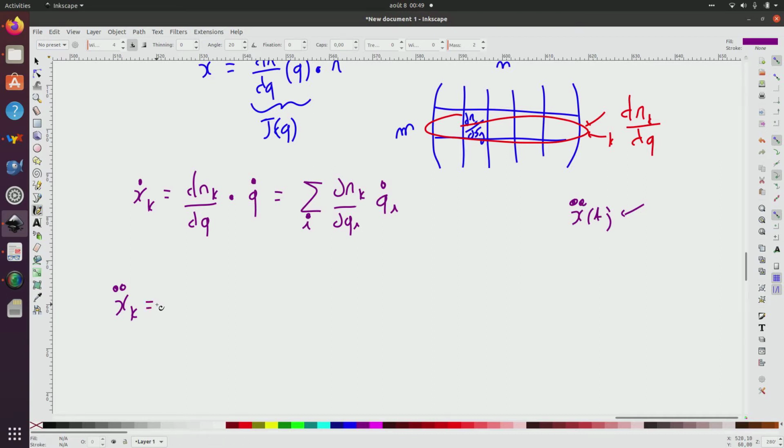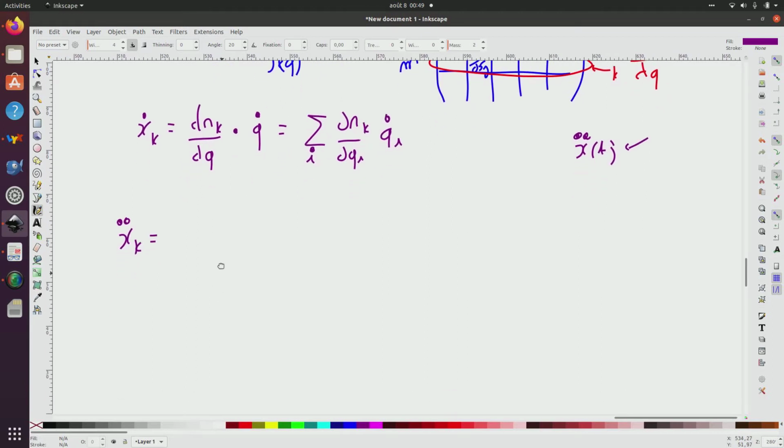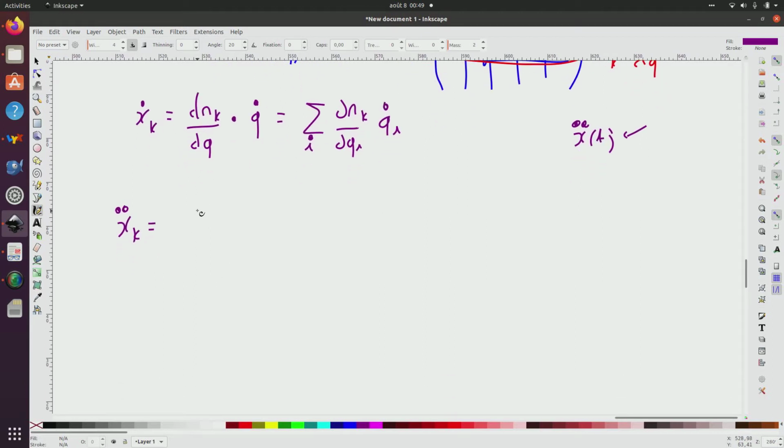So this one is equal to the sum with respect to i of the derivative of this. So r k, q i.